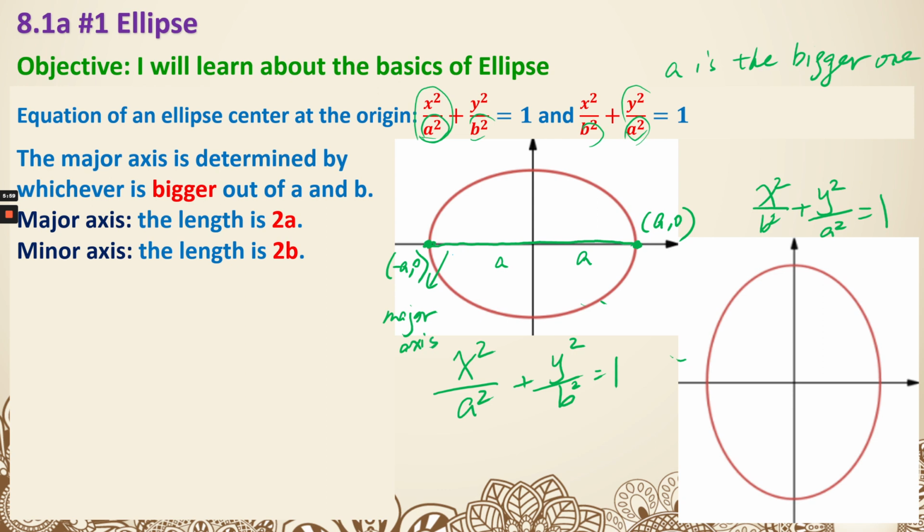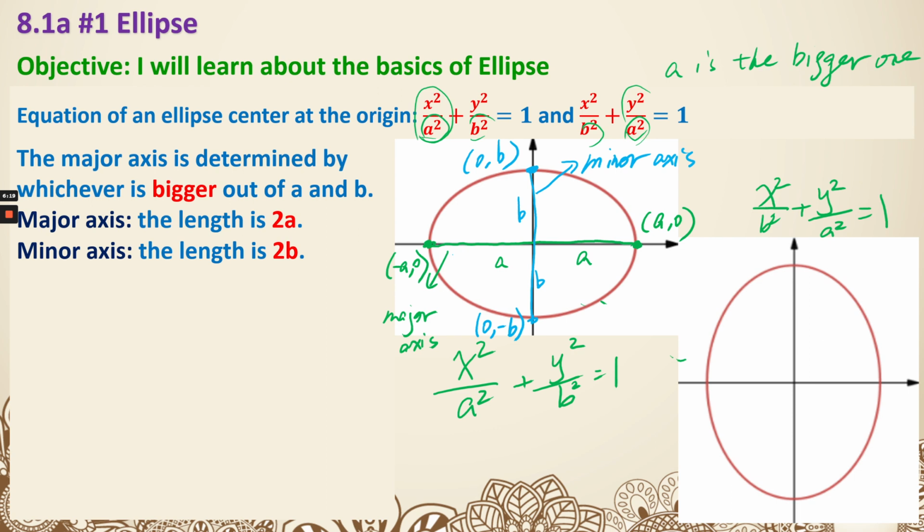The shorter one would be our minor axis right here. So that means this length is b, that length is b. The whole thing is our minor axis, which means you can also write down the coordinates. That would be (0, b), and this would be (0, negative b).